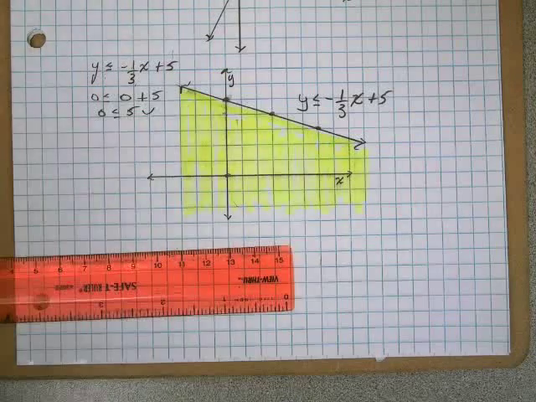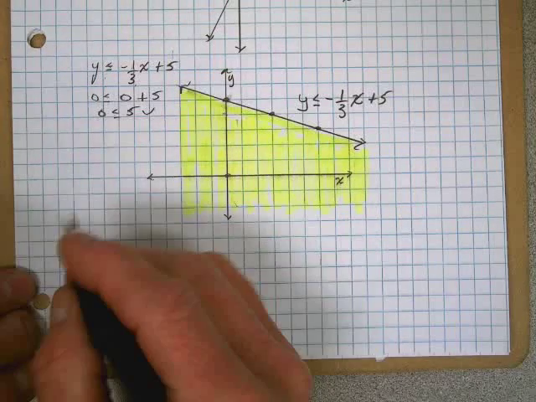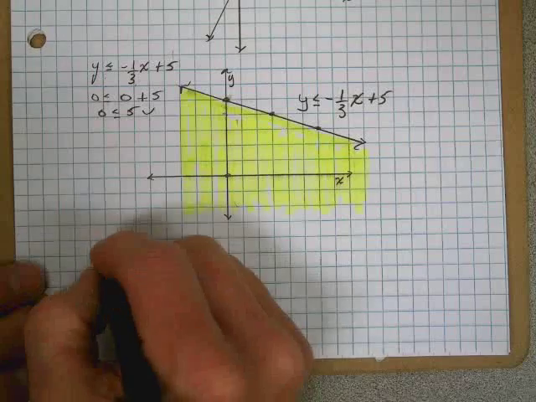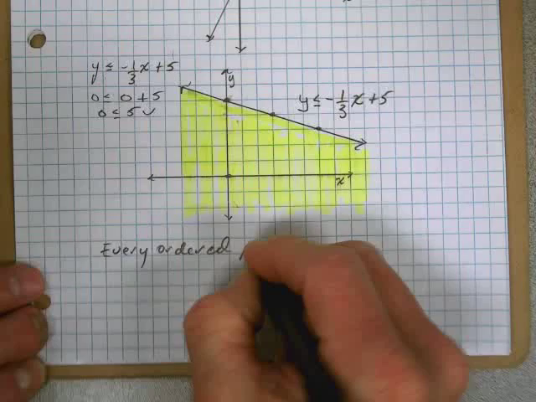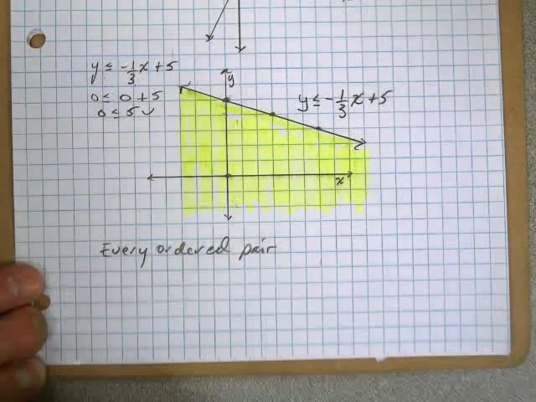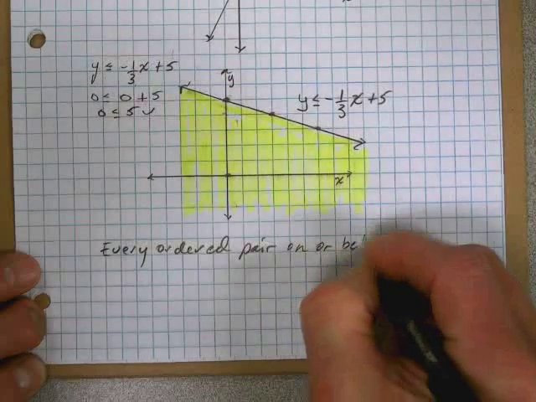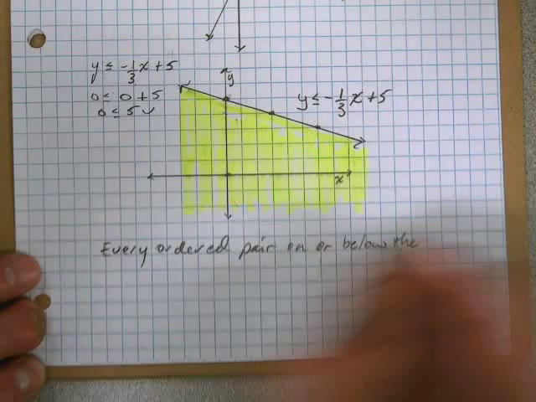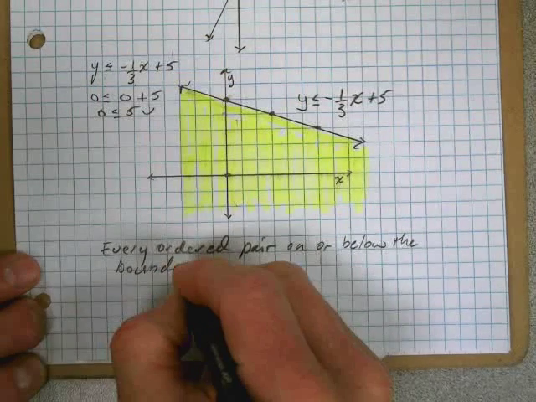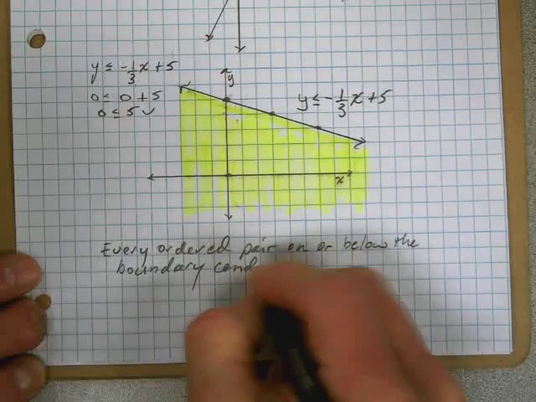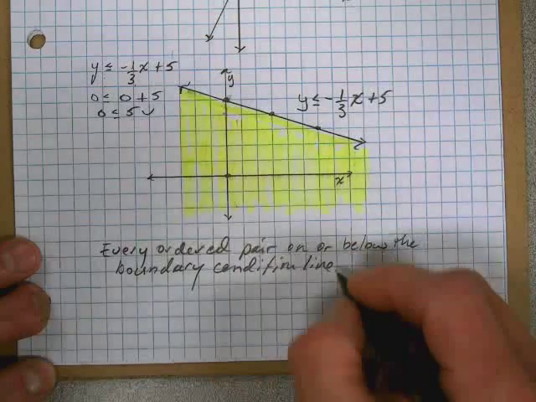In our previous example, I failed to mention one important fact, and that is that every ordered pair on or below the boundary condition line is a solution to the inequality.